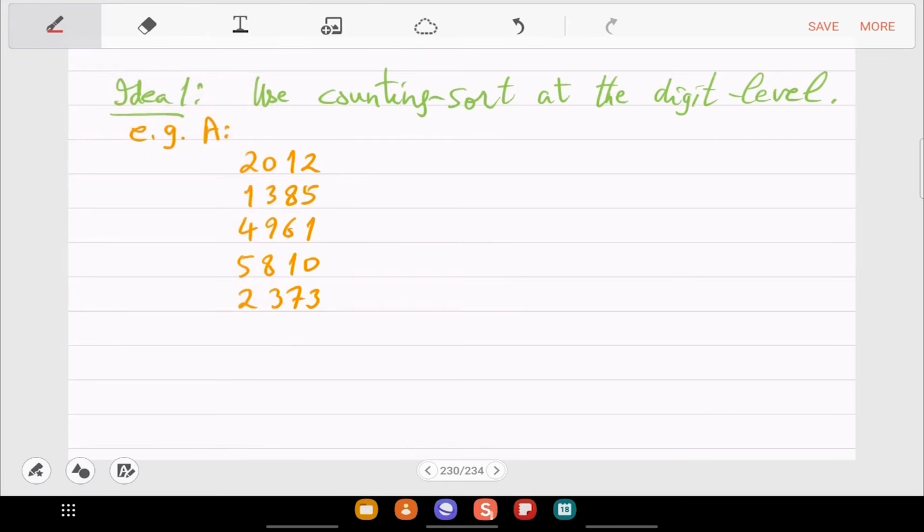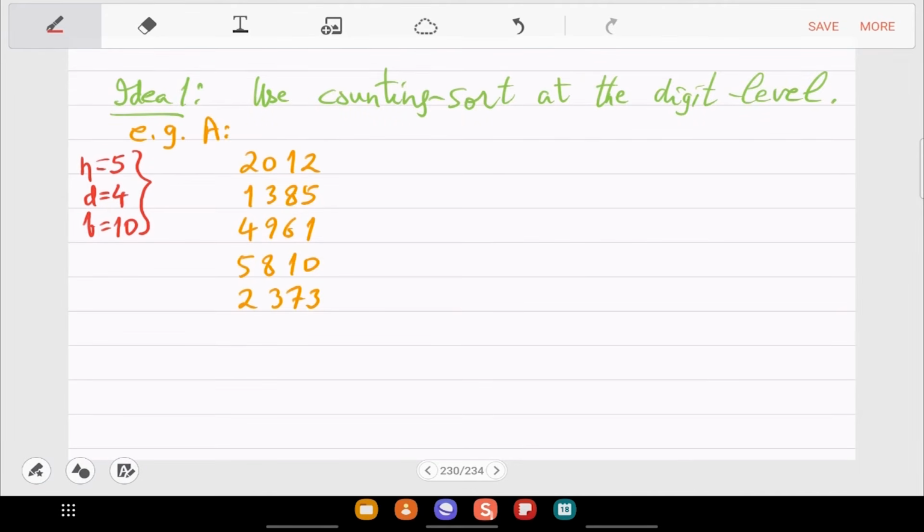So the setting is there are 5 elements, 4 digits, base 10. Instead of horizontally, we have put them vertically in a column.